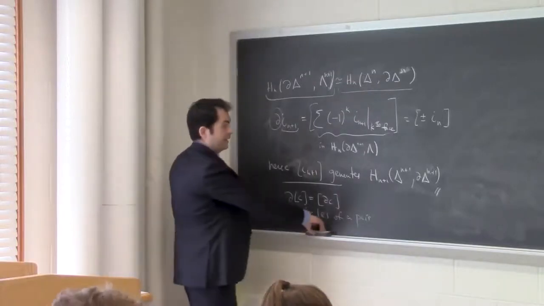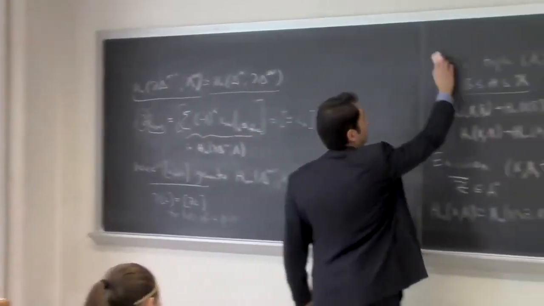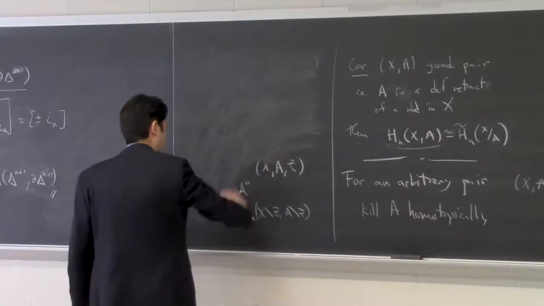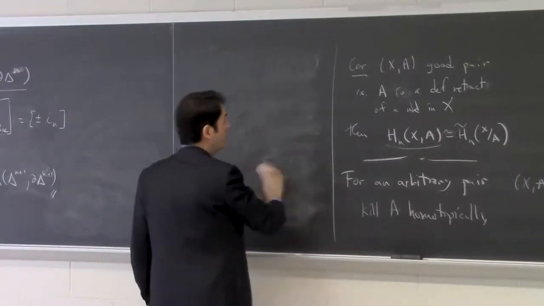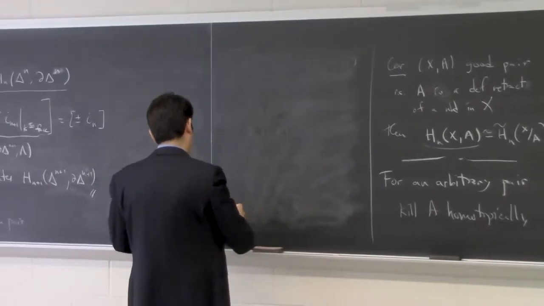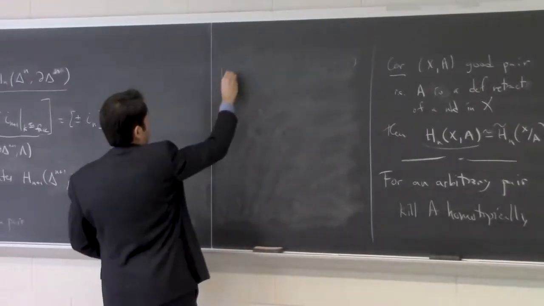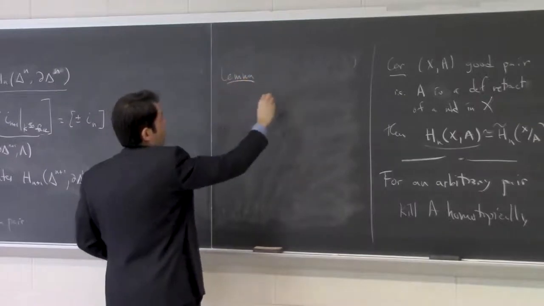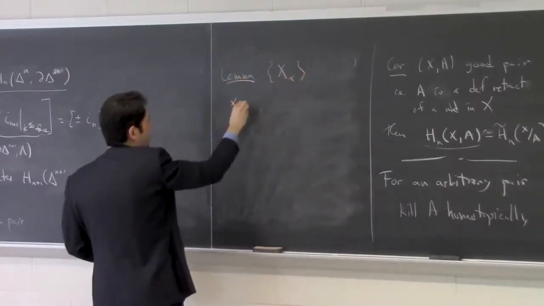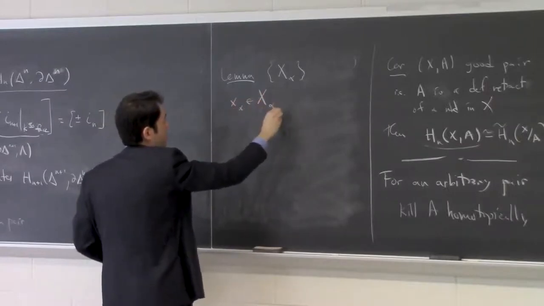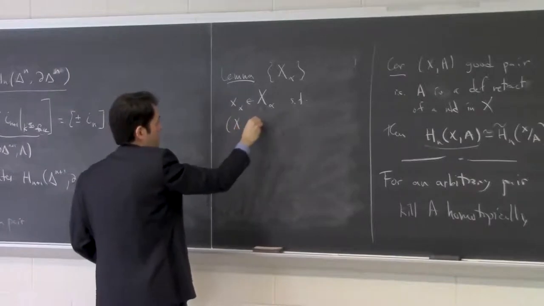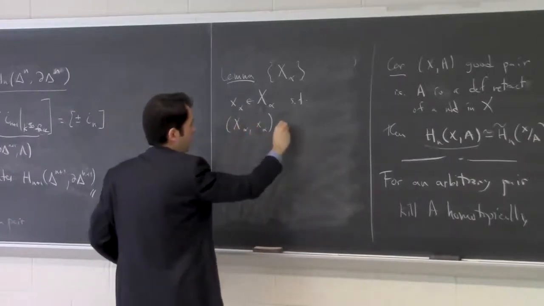Okay, excellent. So that's one fact we need for the proof of this equivalence. There's another fact we need. Suppose you have a family of spaces, and in each one you have a point such that this makes a good pair.